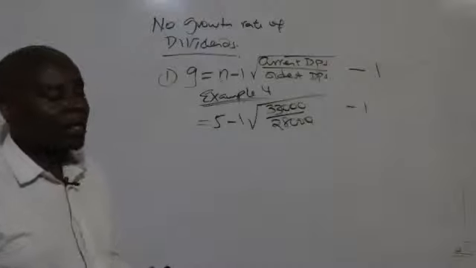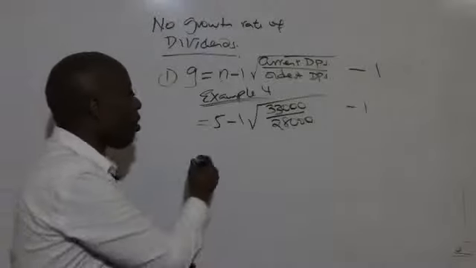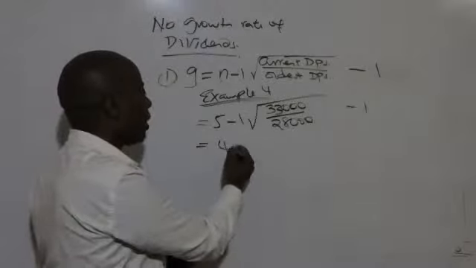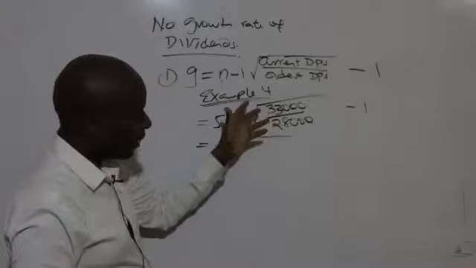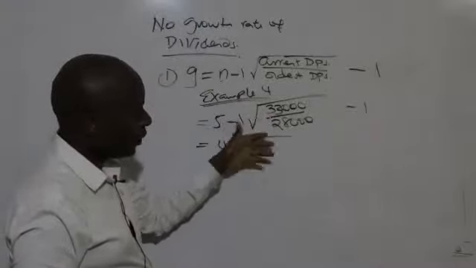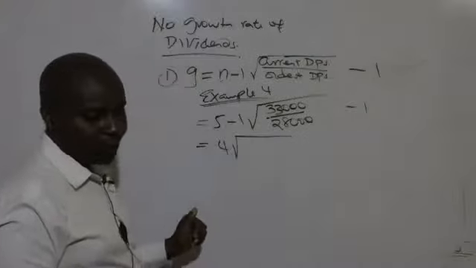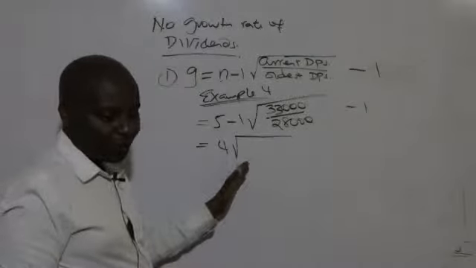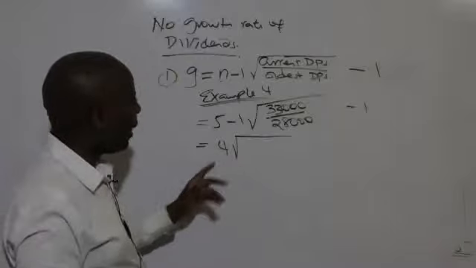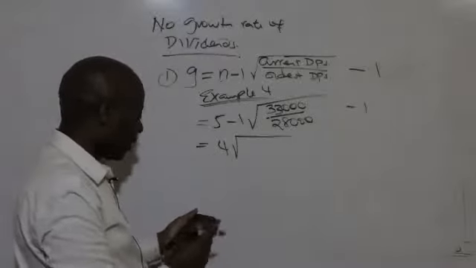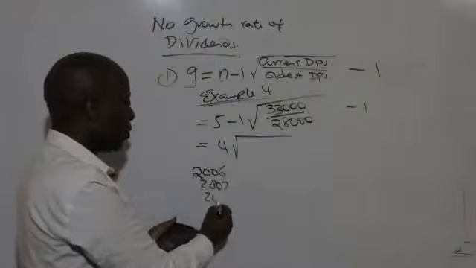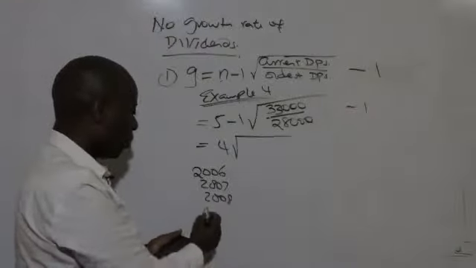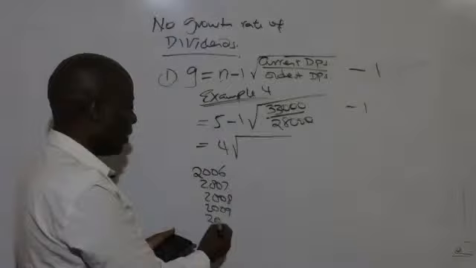In short, this will be the fourth root of 33,000 divided by 28,000, minus 1. Somebody give me this answer. Why less 1? Because we have 2006, 2007, 2008, 2009, 2010.